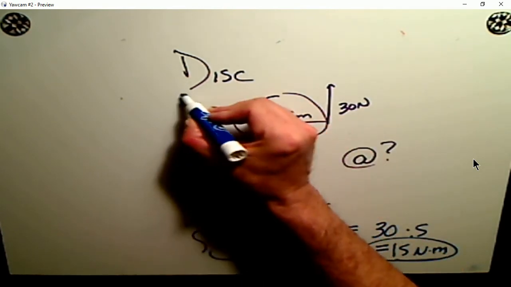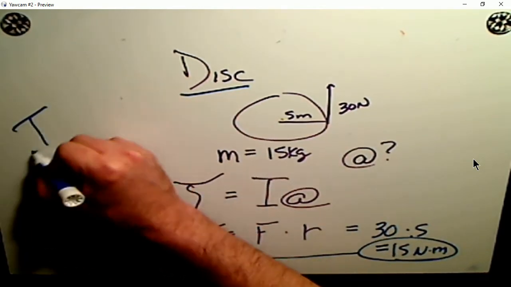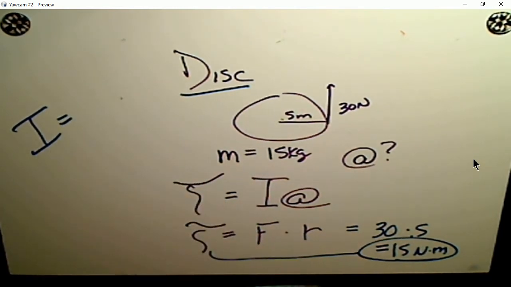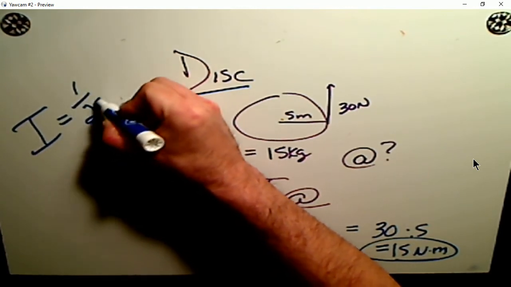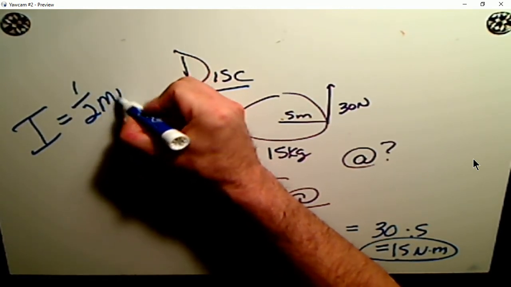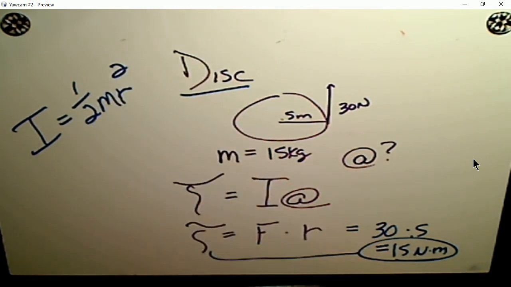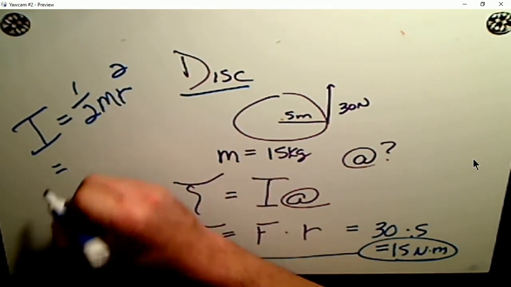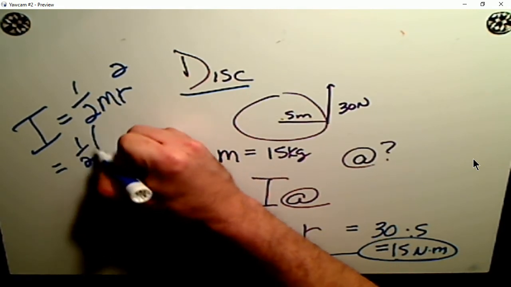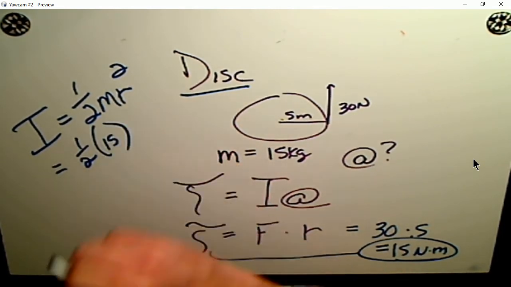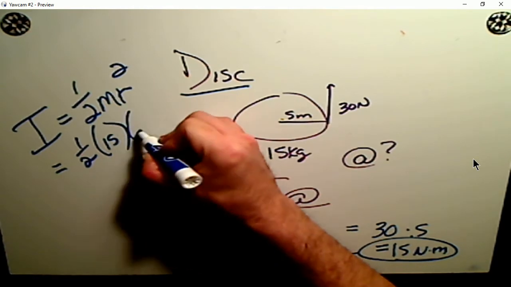The moment of inertia for a disk you can look up in your tables in your book or online. It's 1/2 mr squared. So I can figure out the moment of inertia, right? 1/2, I said the mass was 15, I said the radius is 0.5.